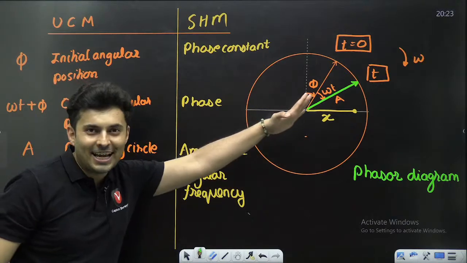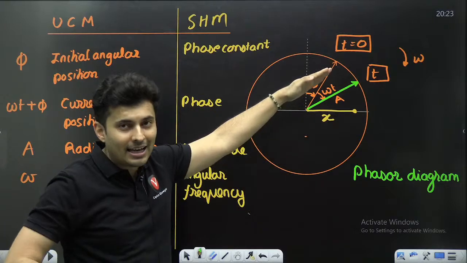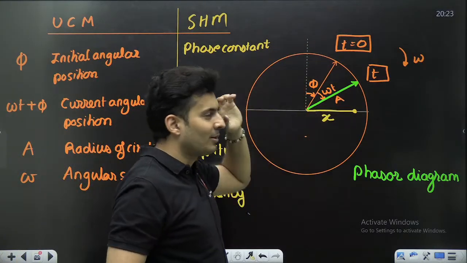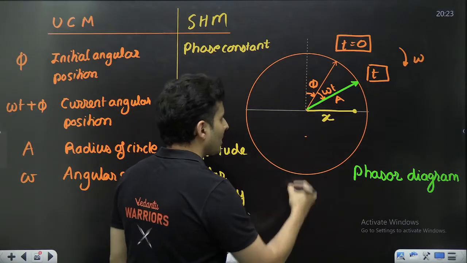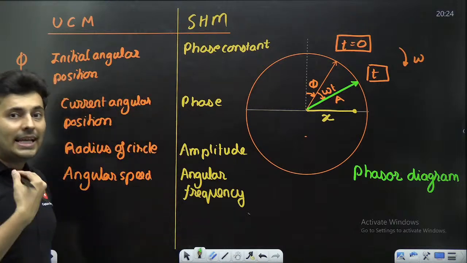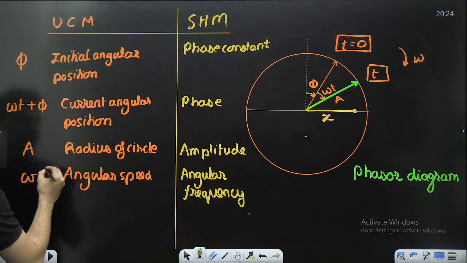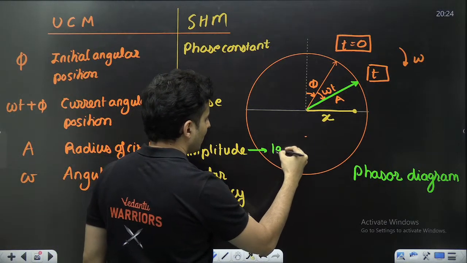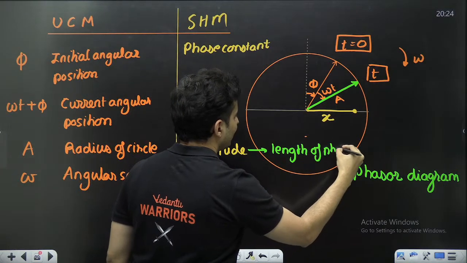It tells you about the phase or the situational diagram. It tells you where the particle is in circular motion. So if I ask you what is the length of the phasor, the answer will be A. This is the length of the phasor.